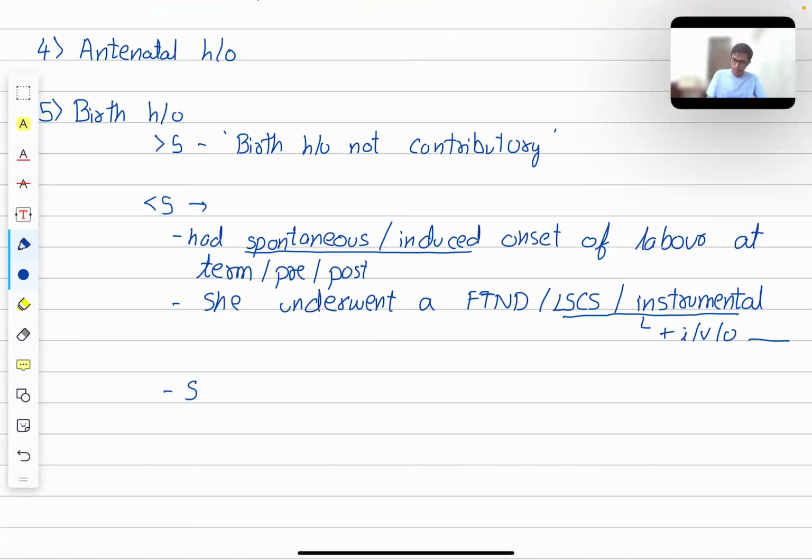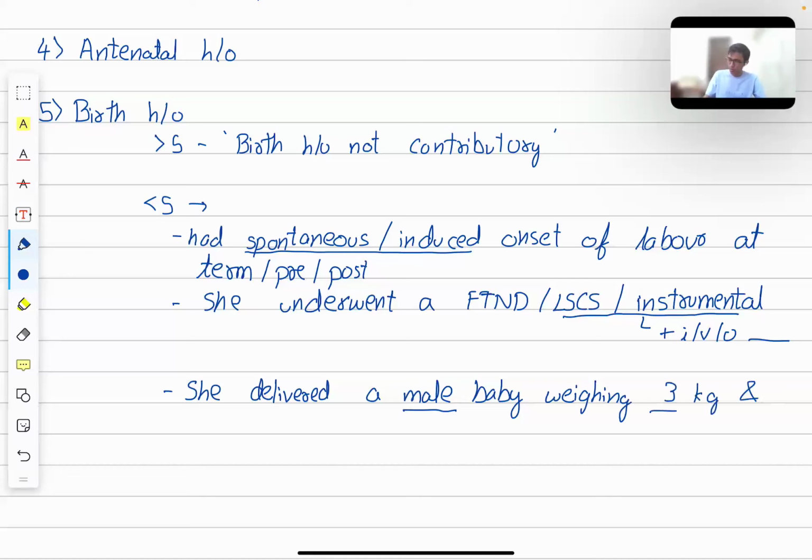Next, she delivered a male baby weighing 3 kilograms. And the baby cried immediately after birth. Next, we talk about breastfeeding.